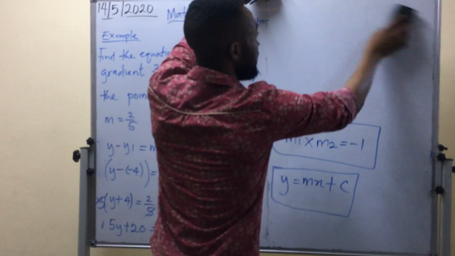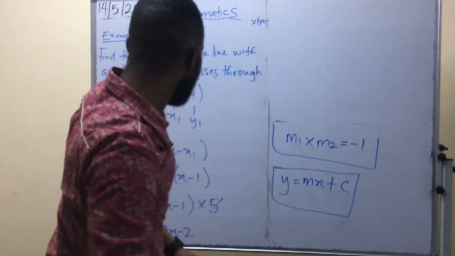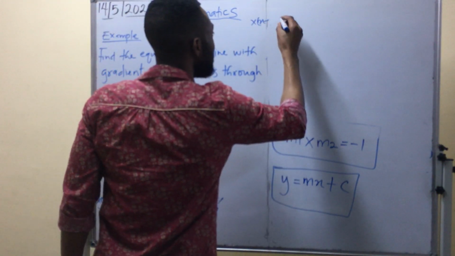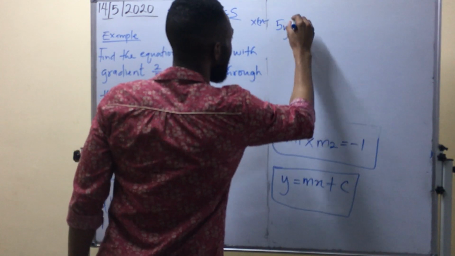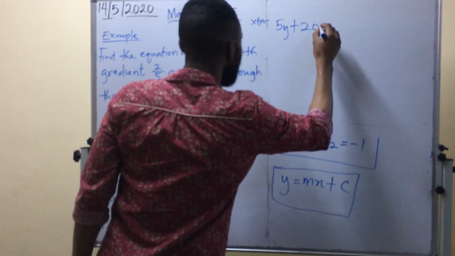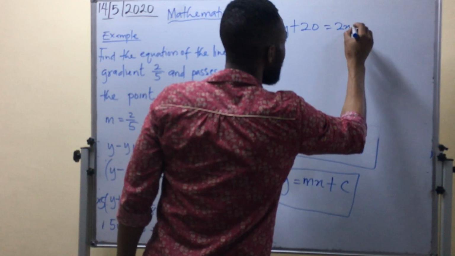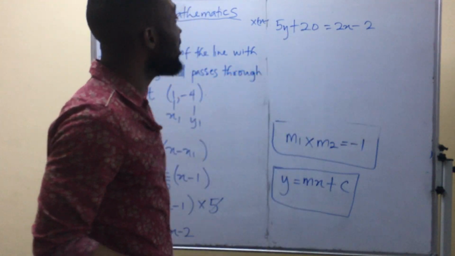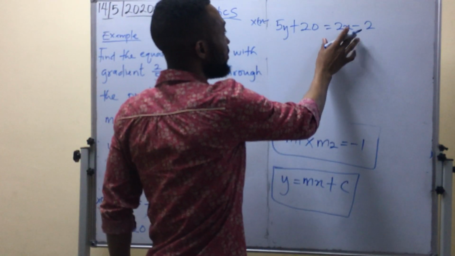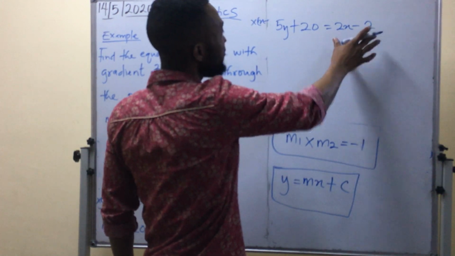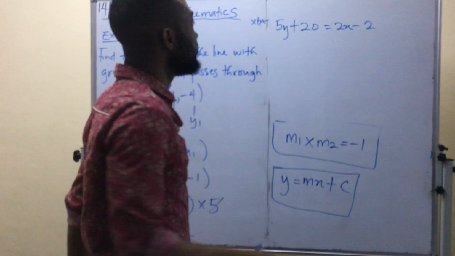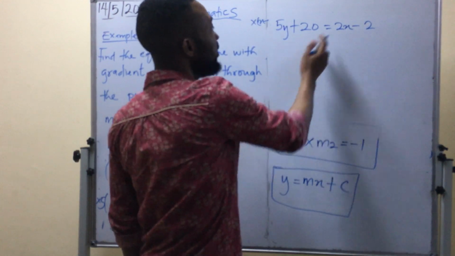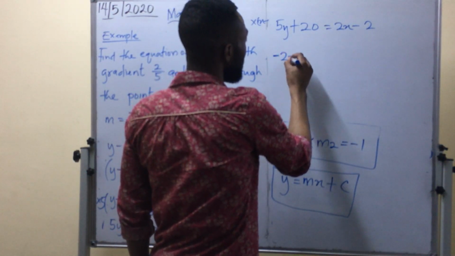So we move on until we get to the final equation. Let me repeat this here. 5y plus 20 is equal to 2x minus 2. Then we collect like terms. We have x here, we have 2x, we have -2, and we have y here. So x will come first. When plus 2x comes inside, it will be -2x.